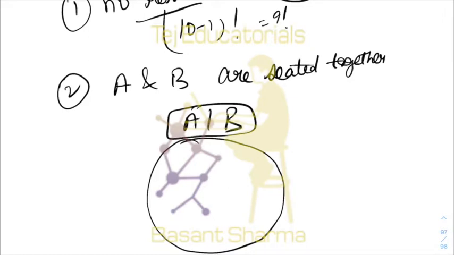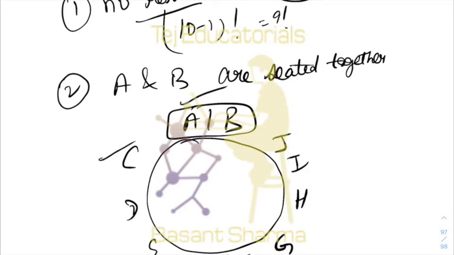Then remaining there are, let's say, C, D, E, F, G, H, I, J. 8 people are remaining. Now note that you have 1, 2, 3, 4, 5, 6, 7, 8, 9. Total 9.